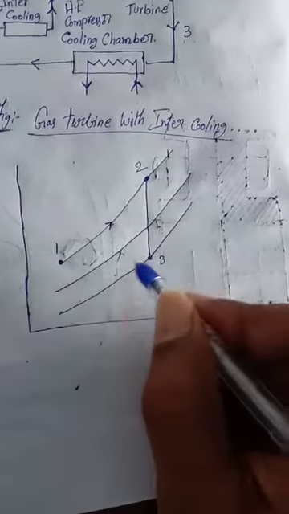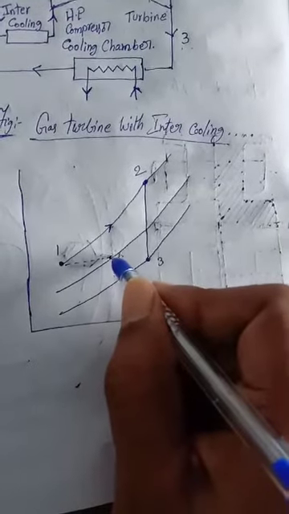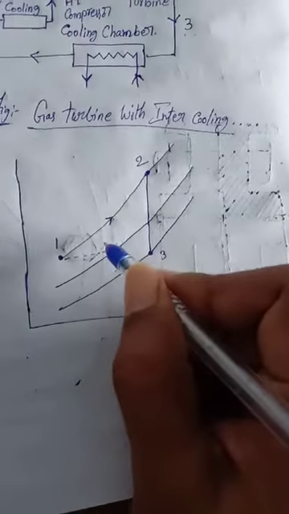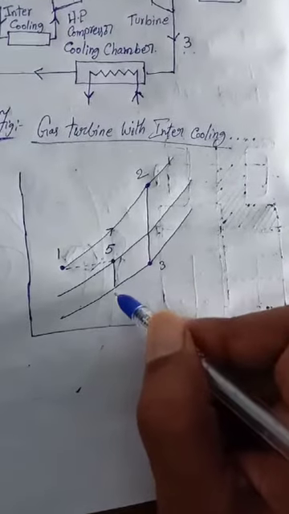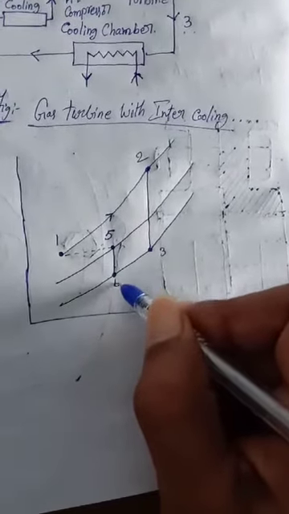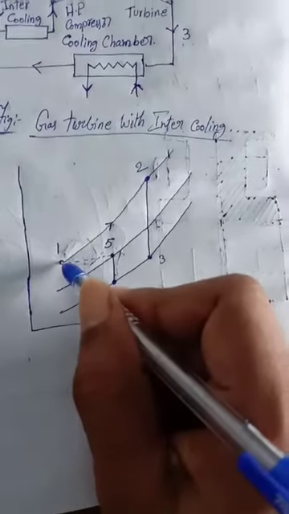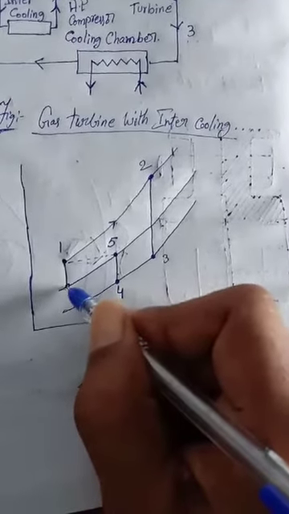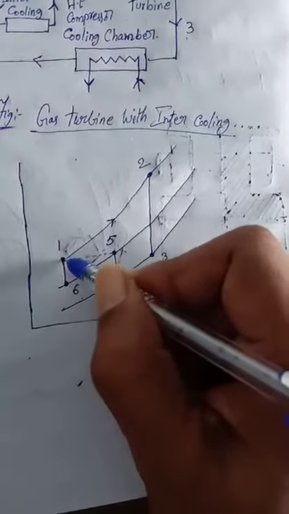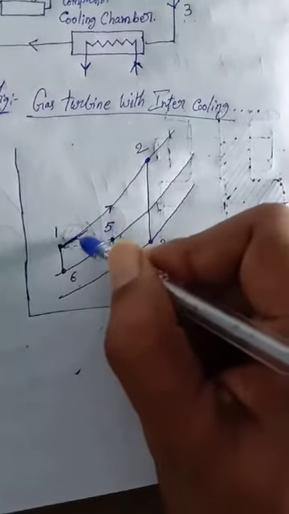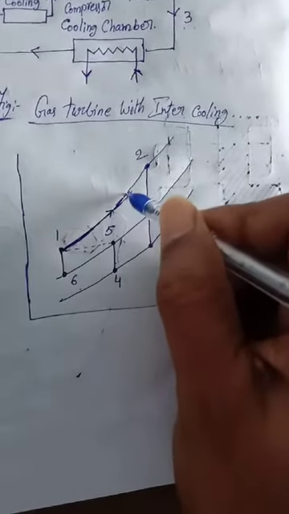Now we are going to see where it will be touched. It will come like this, this is 5 and this is 4. And now this is 6. So now see this. This is the curve of this.